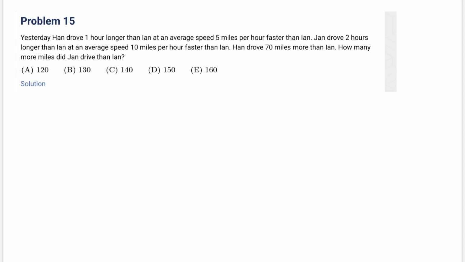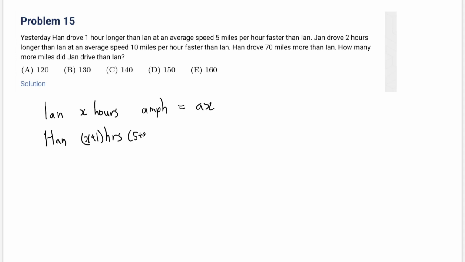Okay, so let's say that Ian drove for X hours at A miles per hour. So he drove in total AX miles. Han would have driven X plus 1 hours and 5 miles per hour faster, right?